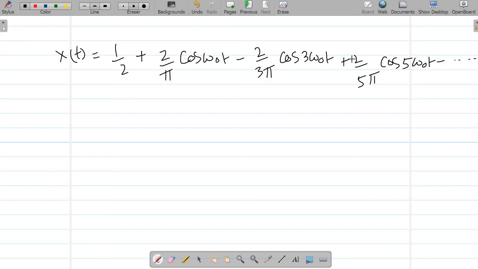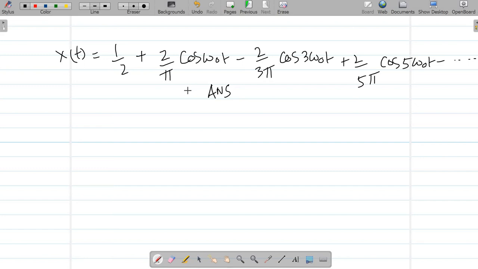So this is what we get for x of t. So this is the answer. This is how the Fourier series representation is done for a periodic signal that is not sinusoidal. So this is one type of representation.